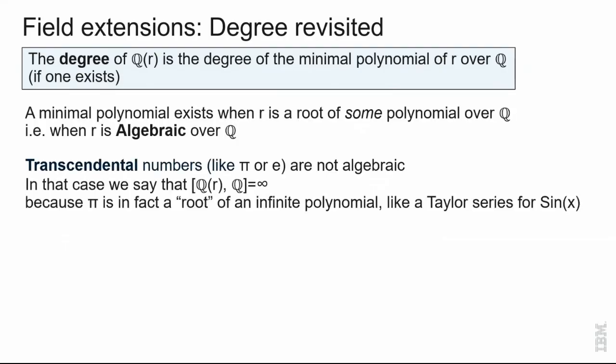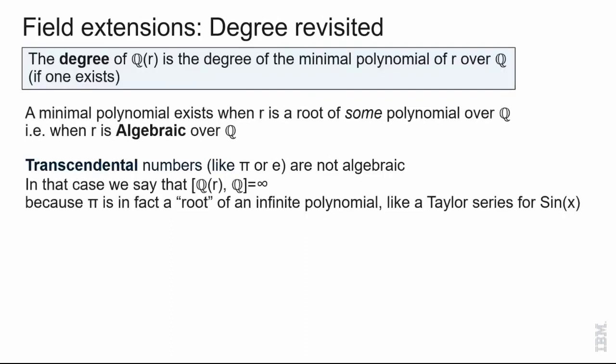So the degree of a field extension of the rationals Q adjoined R is always the degree of the minimal polynomial of this root R over Q, if one exists, because we saw that some values like pi don't have any polynomial. But if one exists, then the degree of the field extension is exactly the degree of the minimal polynomial.